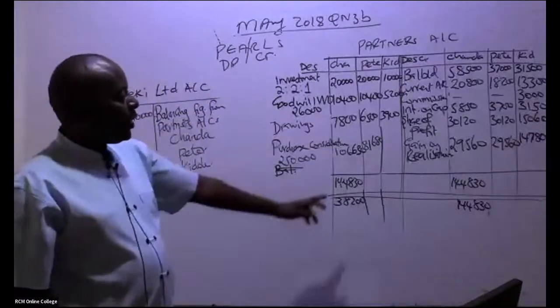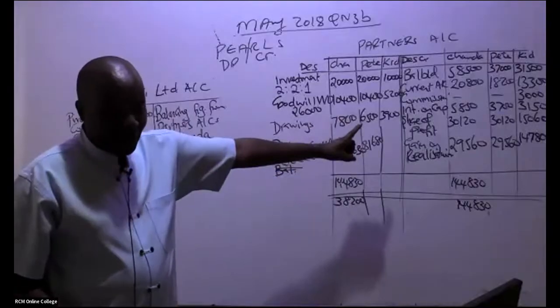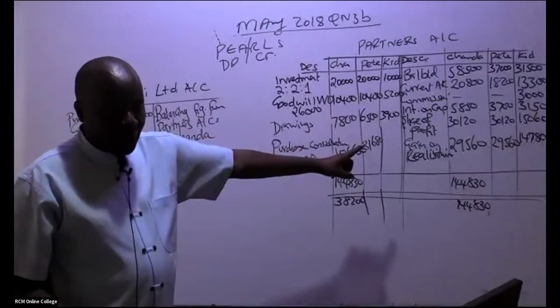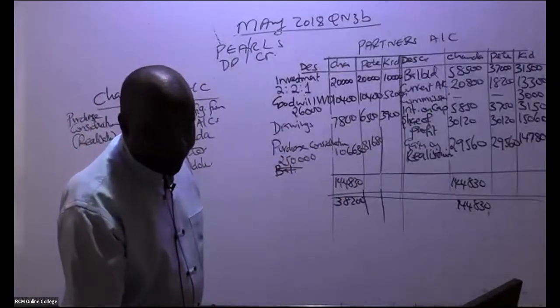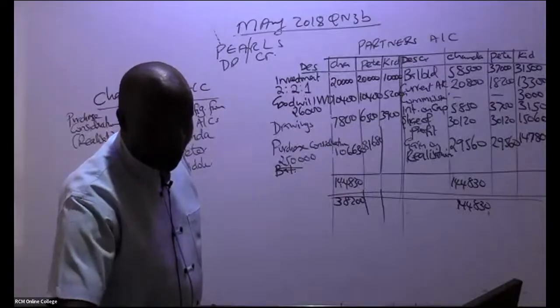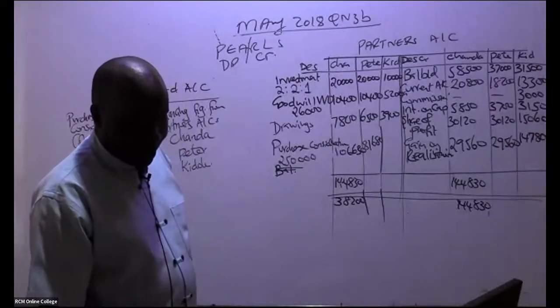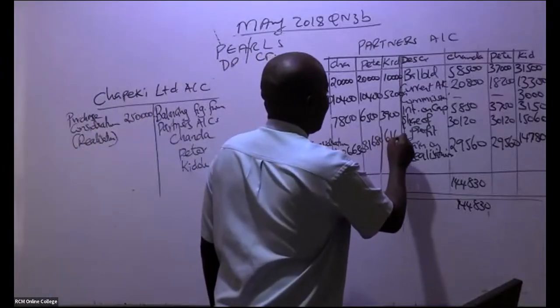How about the balancing figure for Kidole Sambusa? 62,690. 62 or 61? Be keen. 61,690.